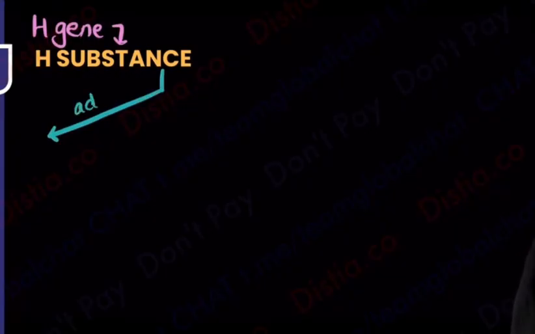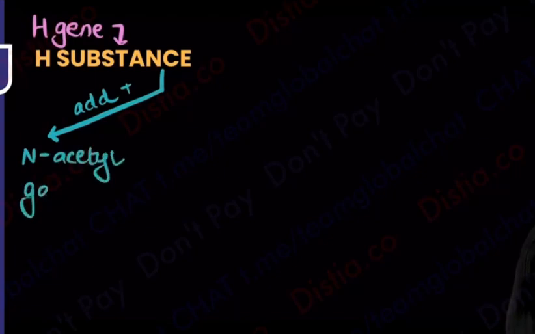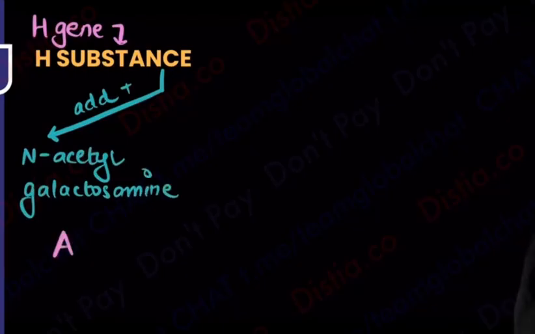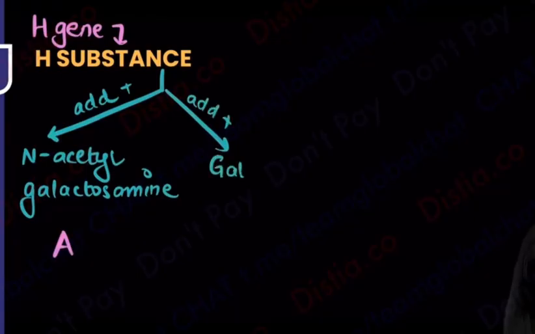If it adds a fucose molecule, it can result in the formation of the A blood group. You don't have to necessarily learn this, but if it adds a fucose molecule on N-acetyl galactosamine, it is going to make it into an A blood group. If it adds the fucose to galactose alone, it is going to become the B blood group.